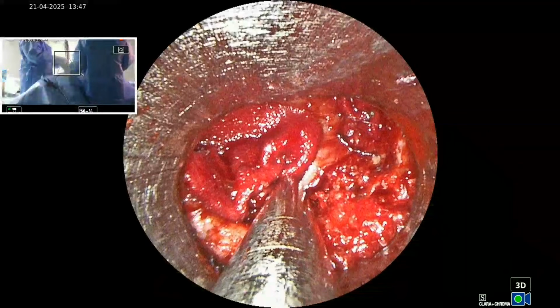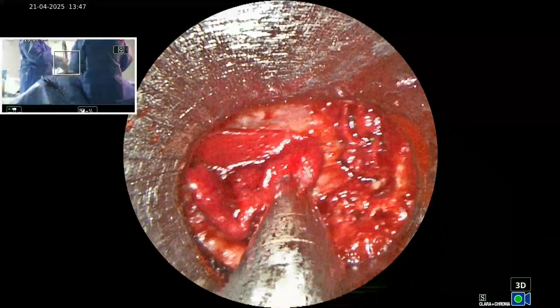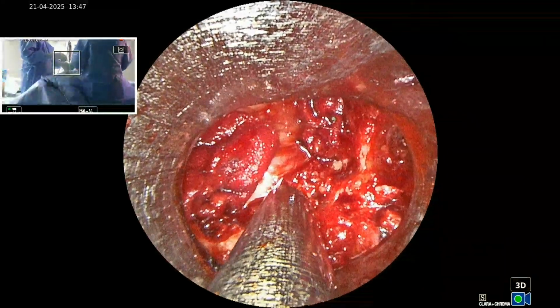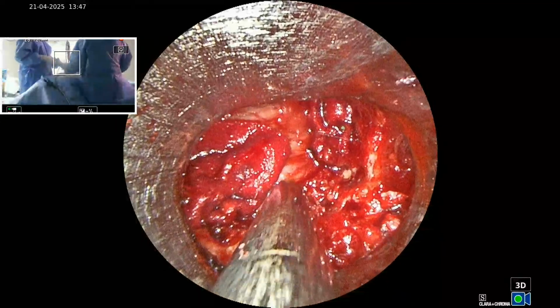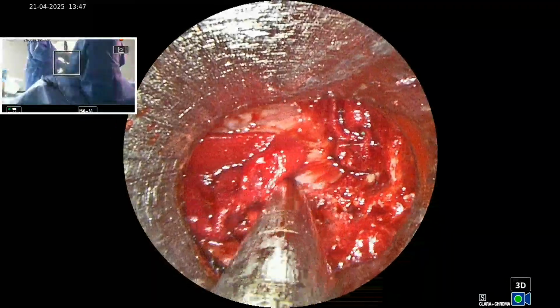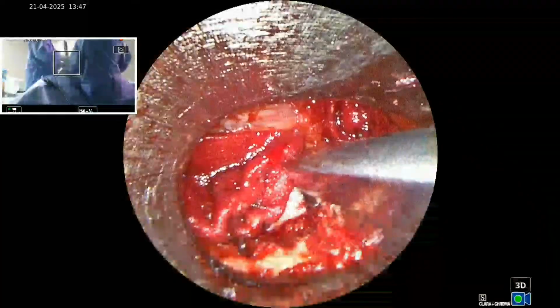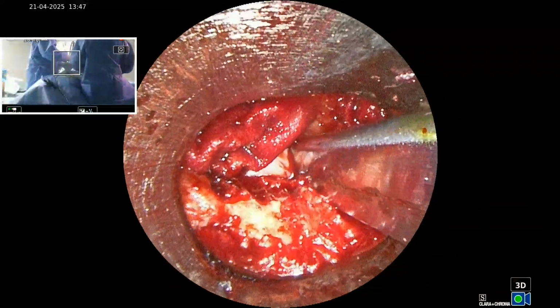Nice, 45. So now free, mobile, and decompress the whole of the nerve root.